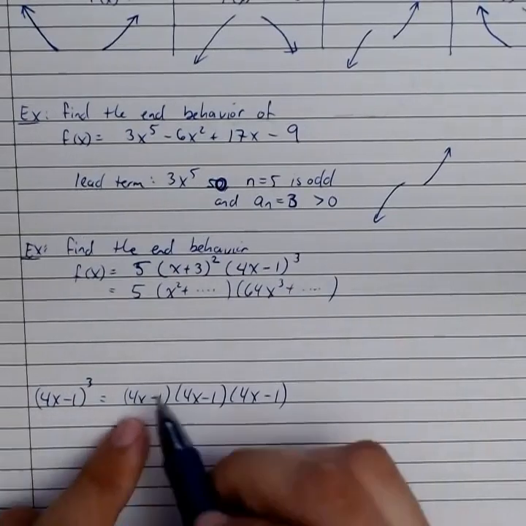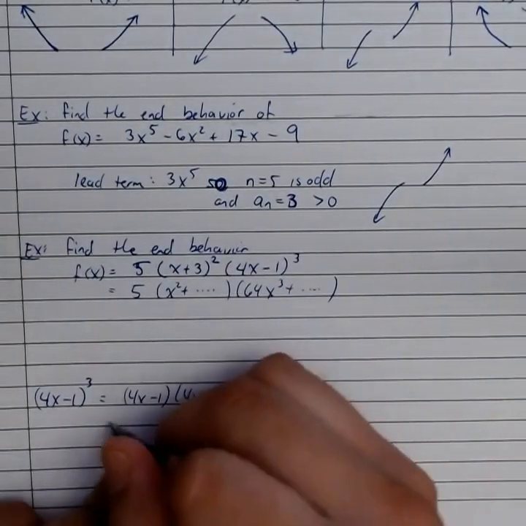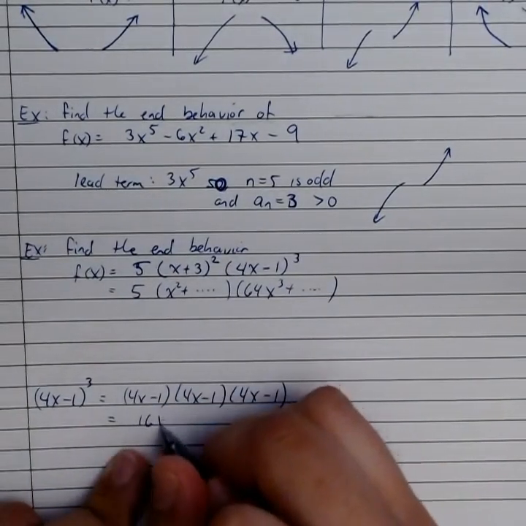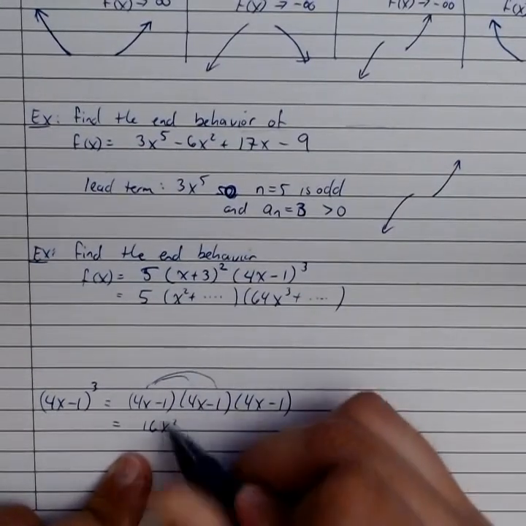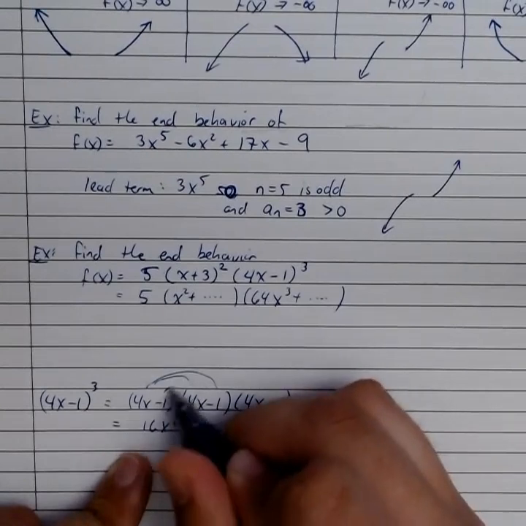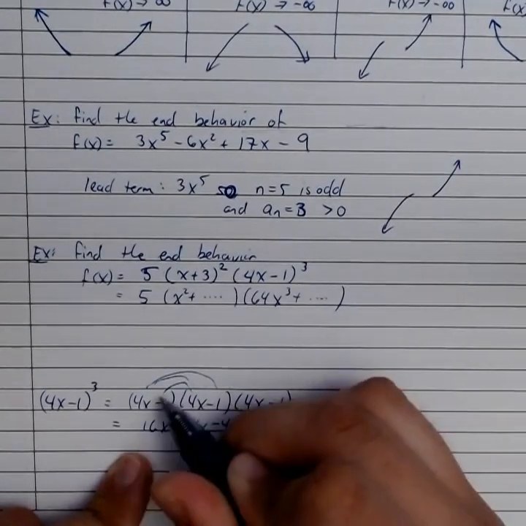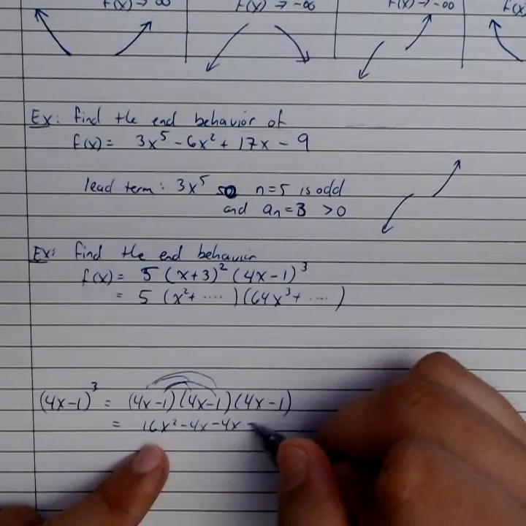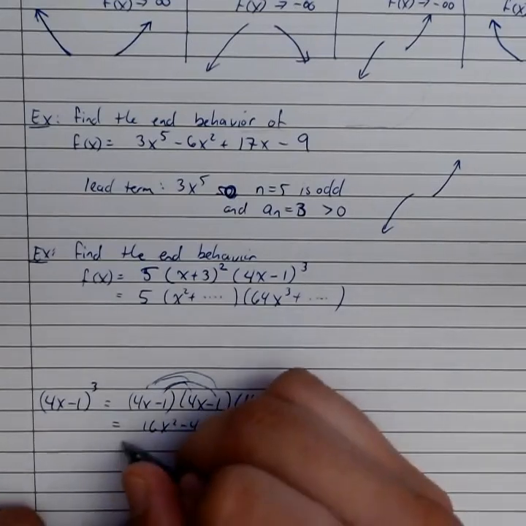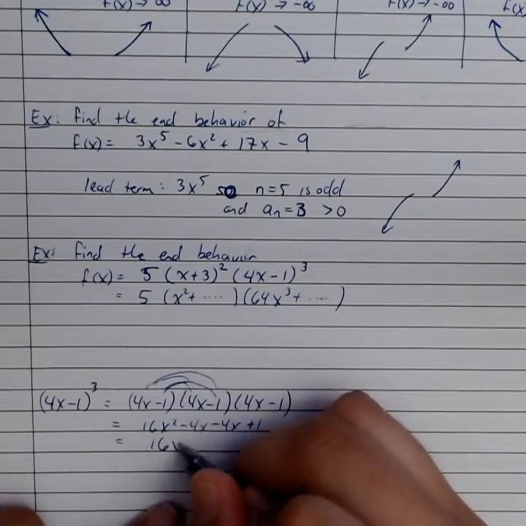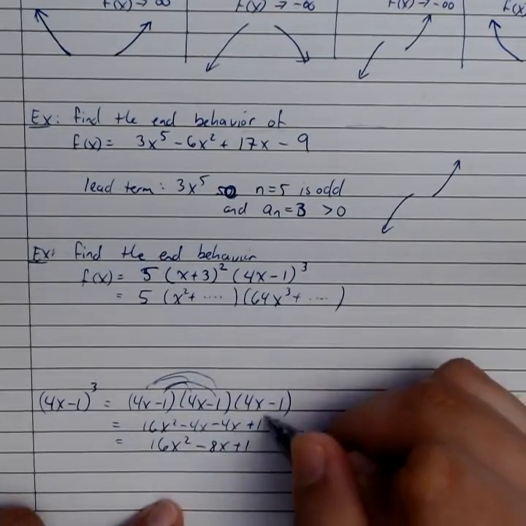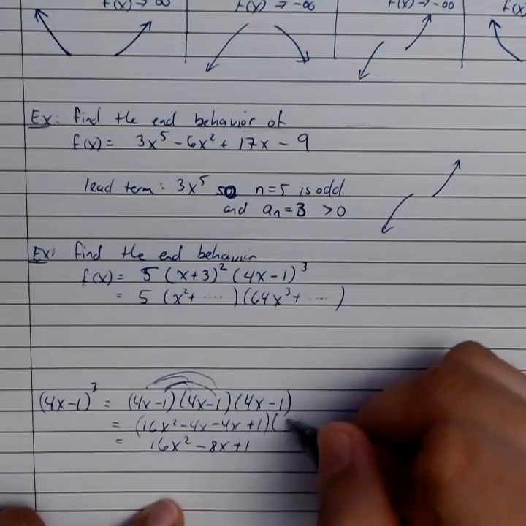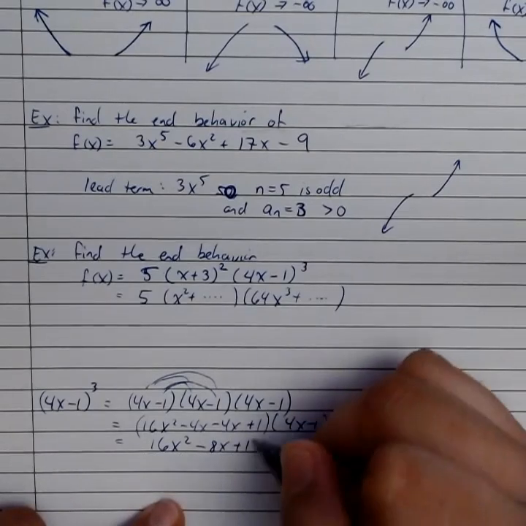If I were to multiply all that out, that's going to be, let's see, 16x squared, and then minus 4x, minus another 4x, and a double negative makes that a positive 1. If I combine my like terms, that's going to be 16x squared minus 8x plus 1. And then don't forget, you're multiplying that by another 4x minus 1.